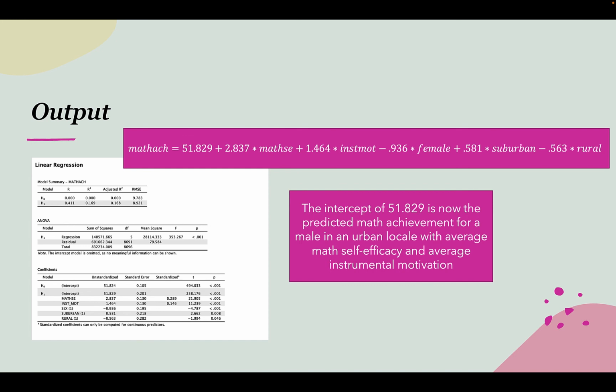If we want to interpret this line for males in a rural environment, we see that the line shifts down by 0.563. If we want to interpret this line for a female in a rural environment, then the line shifts down by 0.36 plus 0.563. So it's shifting down by about 0.15.